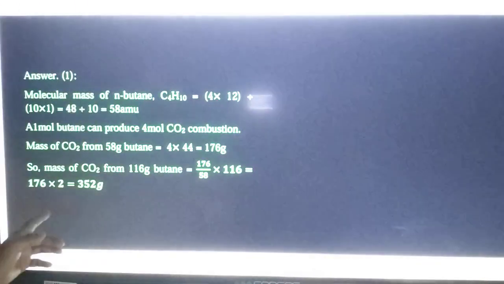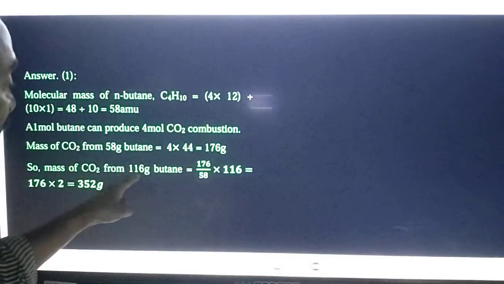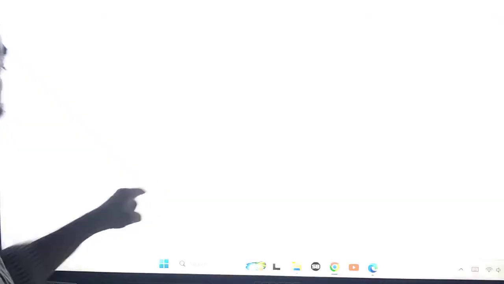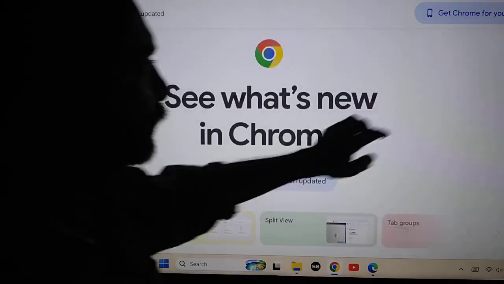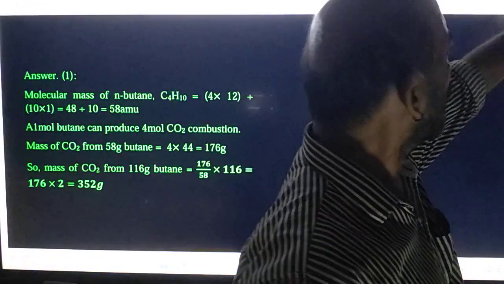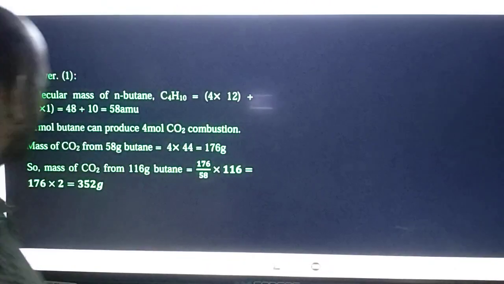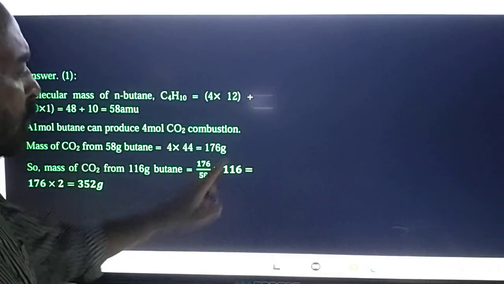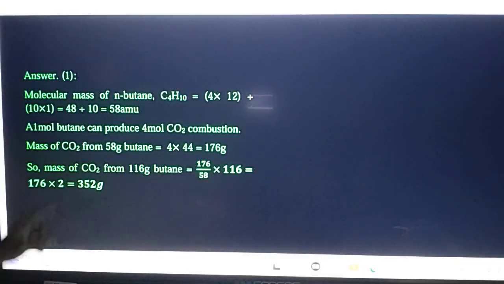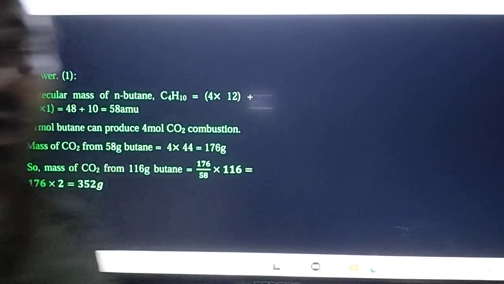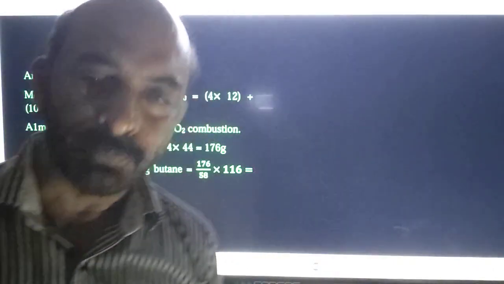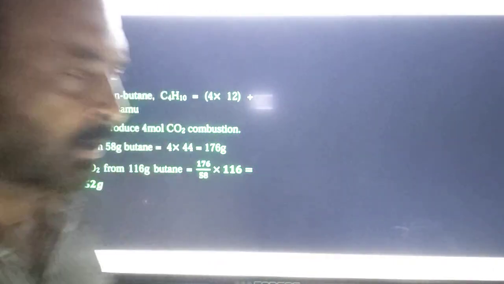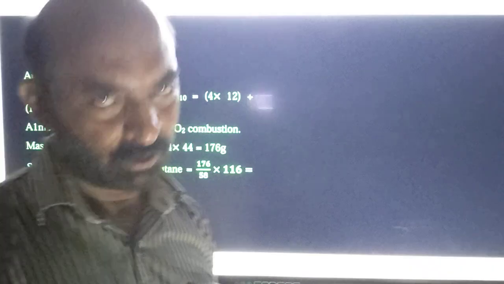In that case, for 116 gram butane, how much carbon dioxide will be evolved? It is 176 by 58 into 116, which is 352 gram. Again, it is the first option among the given. Simple question from basic concepts of chemistry.